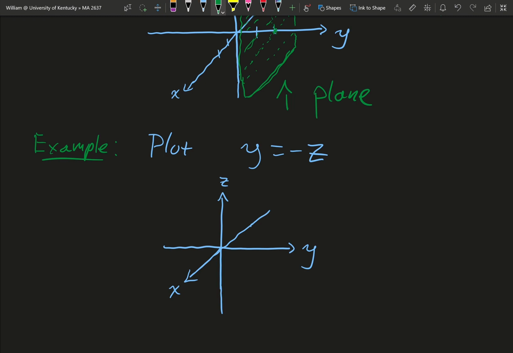We should know what the line y equals negative z looks like.